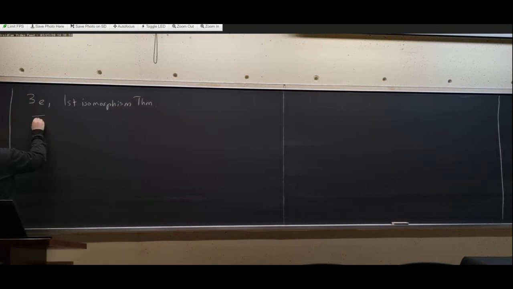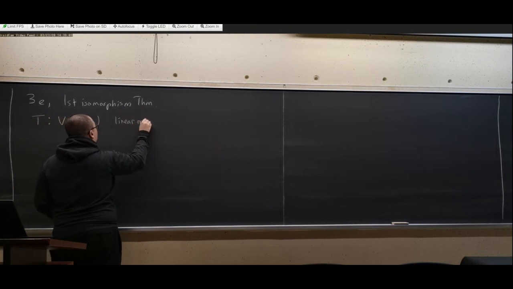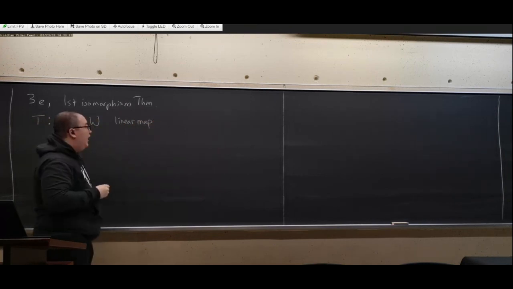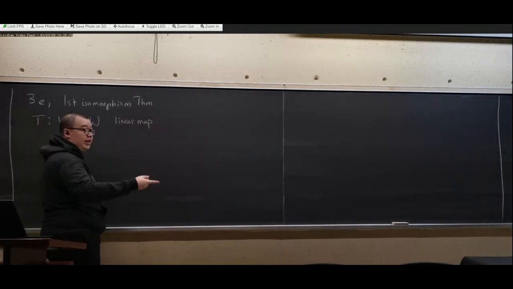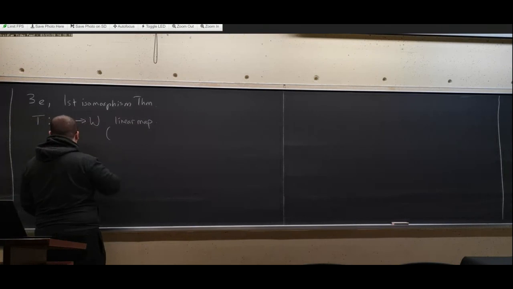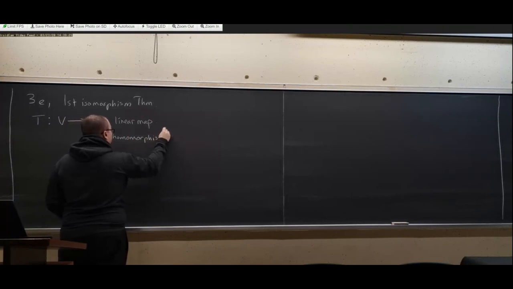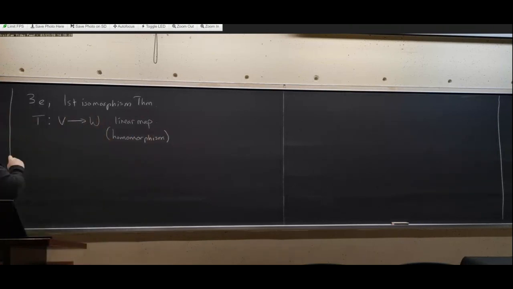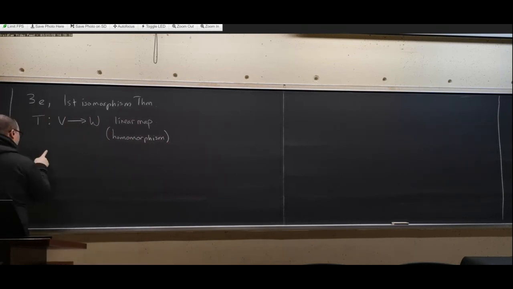We're given T going from V to W, a linear map. And it is also the first time that Kaidi, in the previous lecture, first used the word homomorphism. Right? So we're given that T is a linear map.